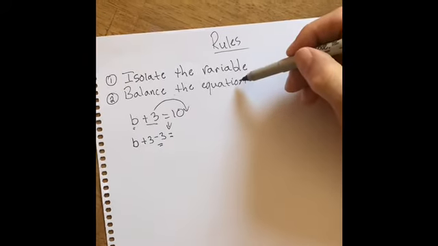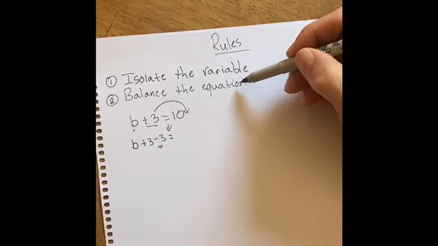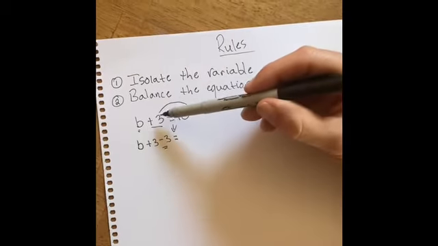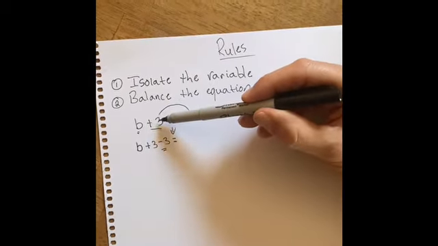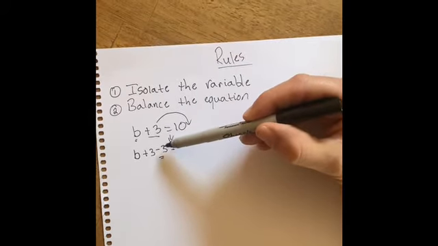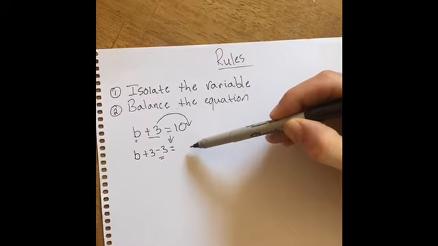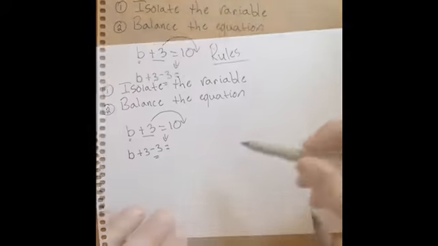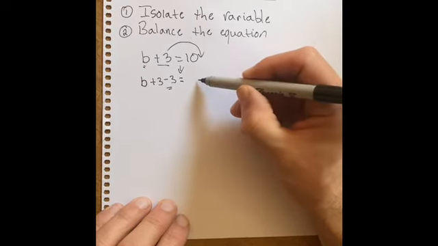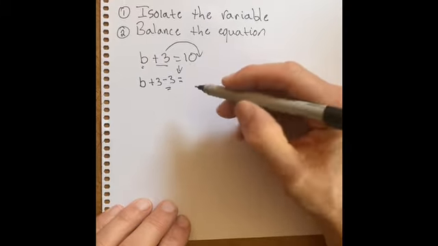So now we're going to subtract 3 on that side. Now, if we look at our second rule, it says we've got to balance the equation. And all that really means is that if I make a change on one side of the equal sign, for instance, here we're subtracting 3, I have to make that exact same change to the right side. So we need to subtract 3 on the right side because we're subtracting 3 on the left side.